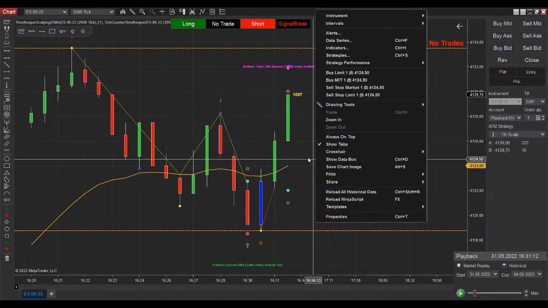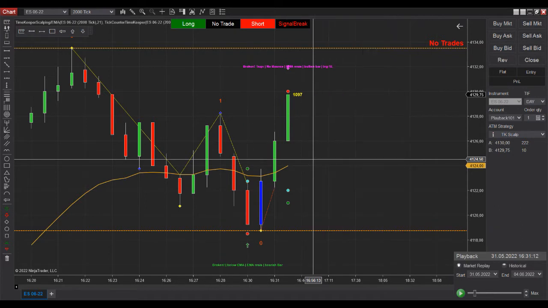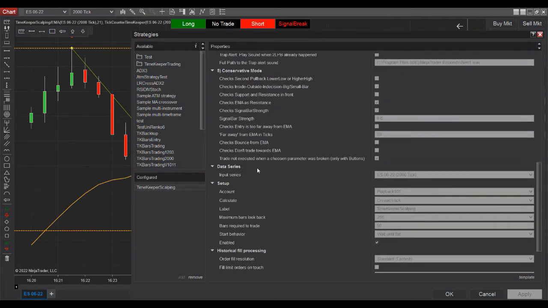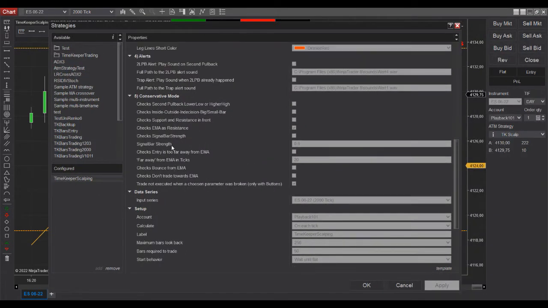And also there are other settings. As an example, it can check inside, outside, indecision bars, very big bars and very small bars. Support and resistance can be checked also.